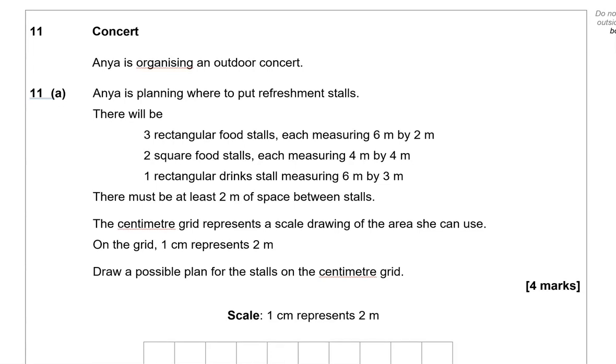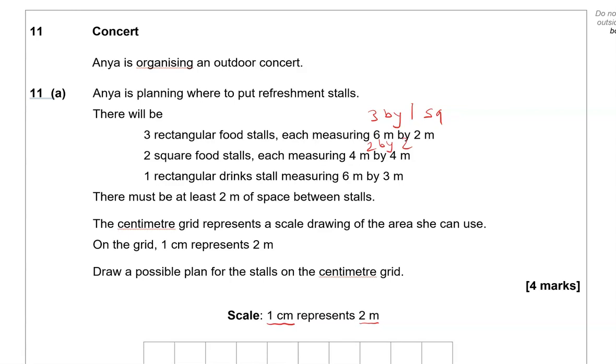As the scale says 1 centimeter represents 2 meters, it will mean that the rectangular food stalls will measure 3 by 1 square. The square food stalls will measure 2 by 2.